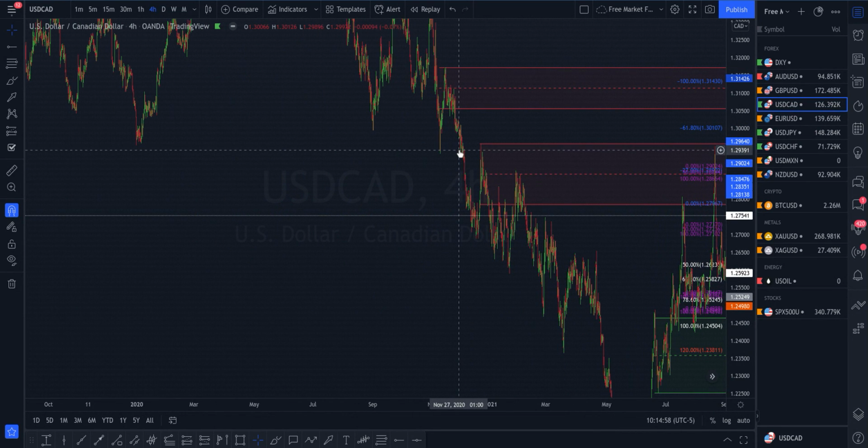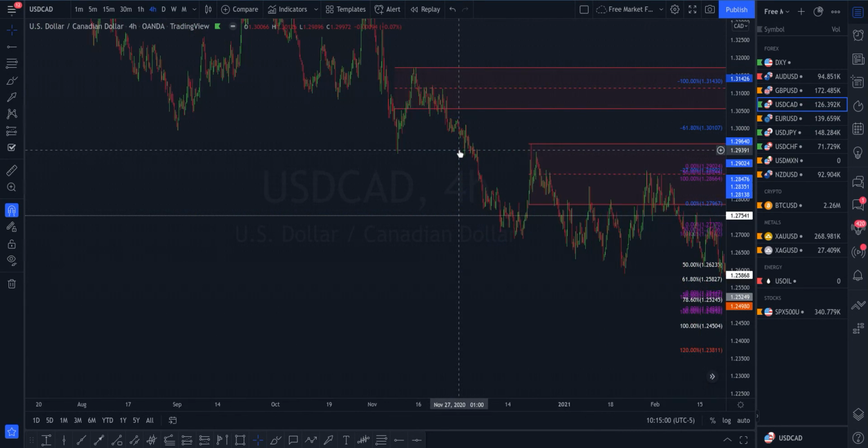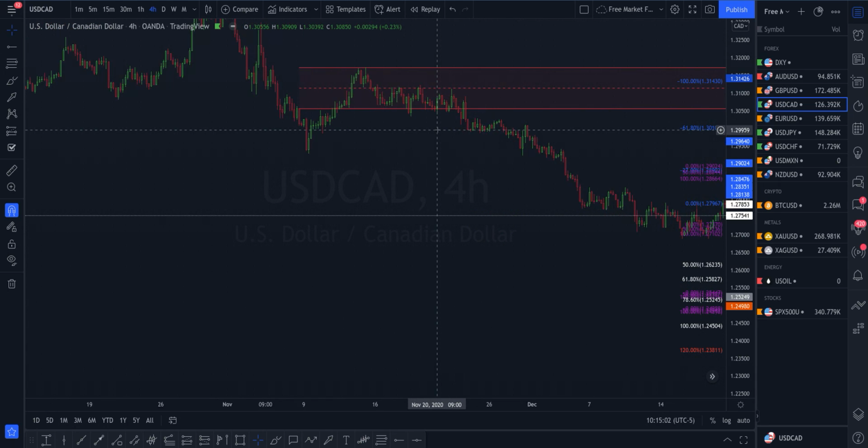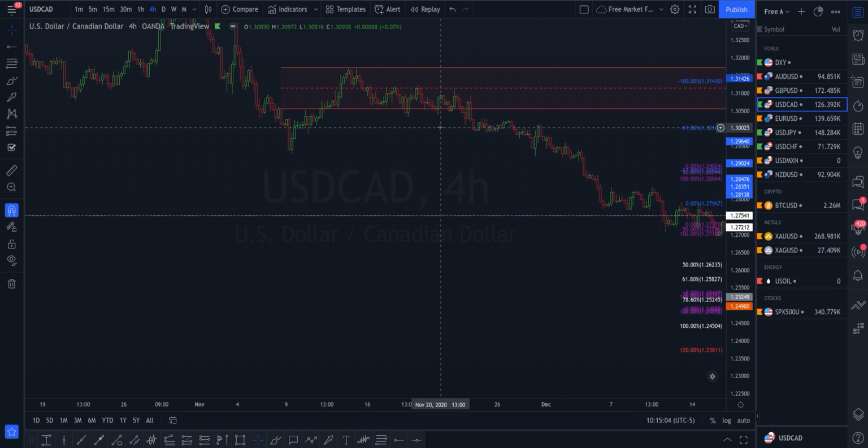Let's see, where else can we take partials? Okay, see, we got a partial here, and a partial there. Partial at 61.8, I would say.